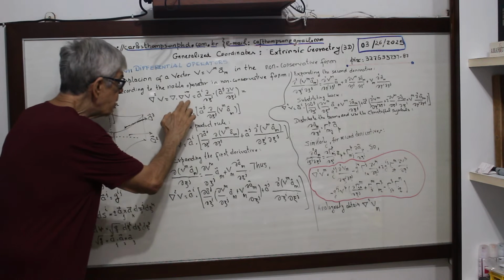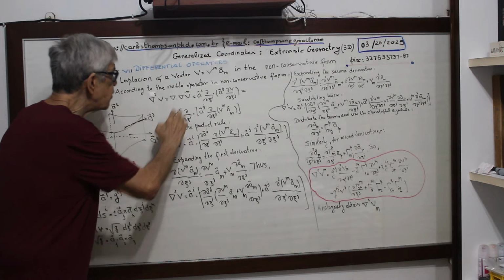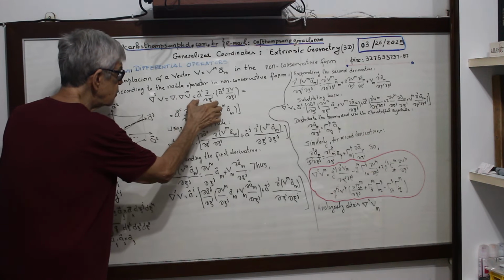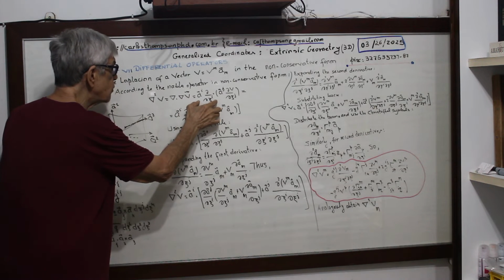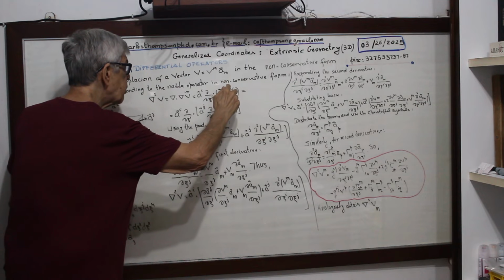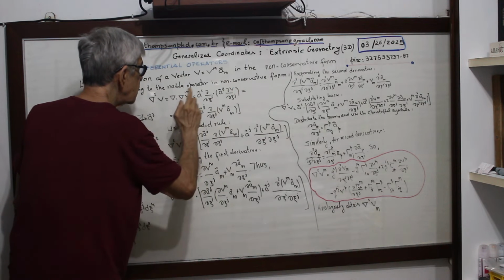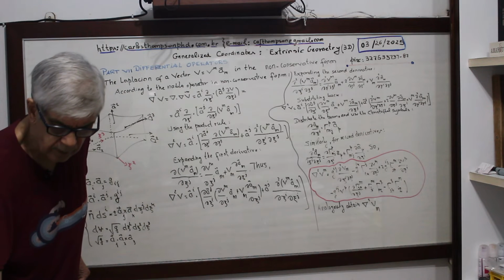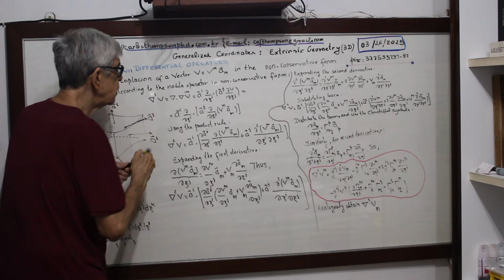Nabla v is the gradient of the vector v. This is the nabla operator, and this is the nabla operator applied to the vector v. I use an arrow here. Let's put an arrow over here.